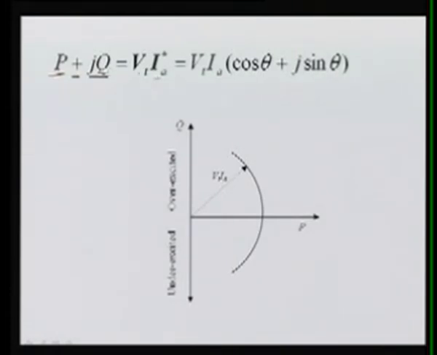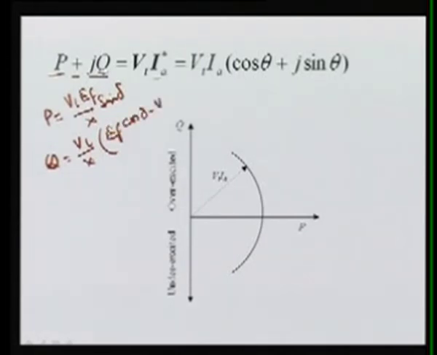We expressed this equation earlier as well, and derived for a synchronous machine P equals Vt Ef over Xs sin delta, and Q equals Vt over Xs times (Ef cos delta minus Vt). So it was in terms of delta, the phase angle, or you can say the load angle, because it is the angle difference between Ef and Vt.